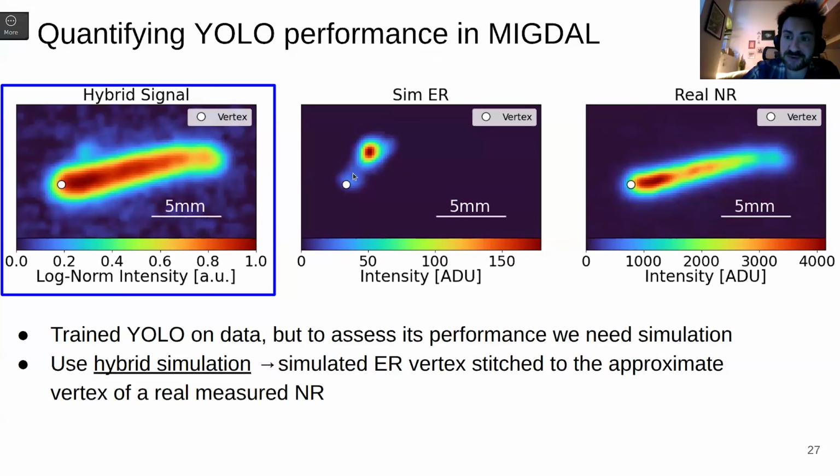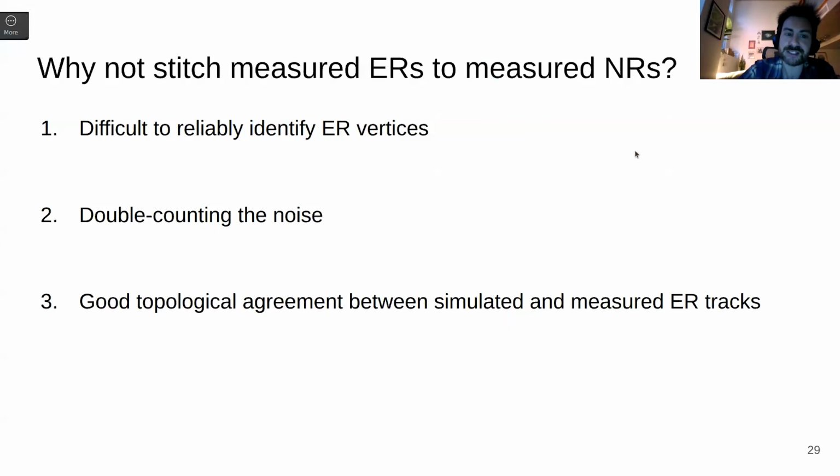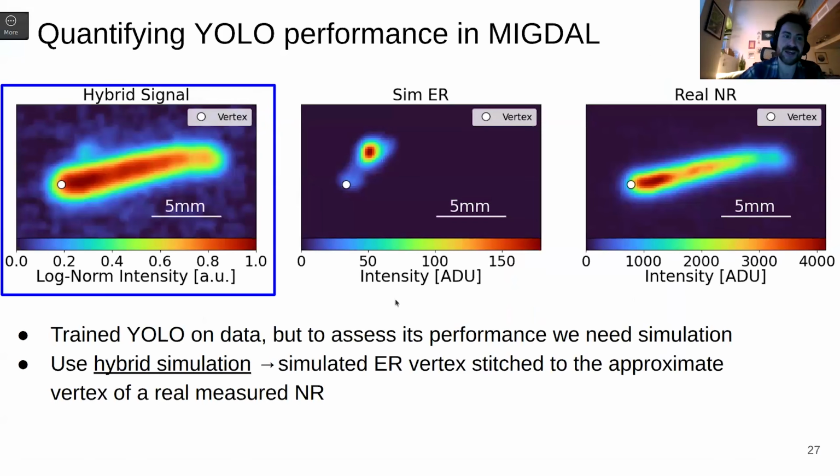So simulation gives you that. The other thing is we risk double counting noise on real images if we tried to stitch a real electron recoil to a real nuclear recoil. So the fact that our simulated electron recoils agree well with measurement, this is kind of the best simulation we can do. So in case some of that wasn't clear, we use this hybrid simulation.